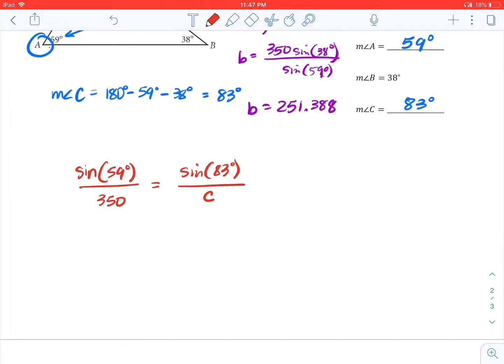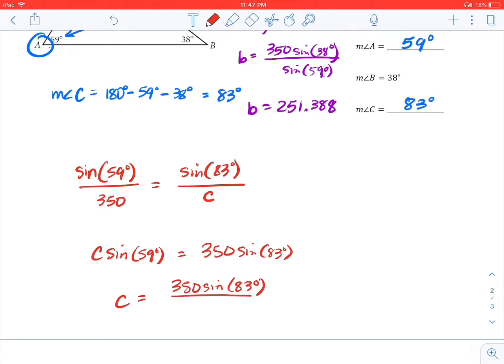And from there, we would cross multiply as well, much like we did in the other part of the problem. C times sine 59 is equal to 350 sine 83. And then lastly, divide both sides by the sine of 59. C is equal to 350 sine 83 divided by the sine of 59.